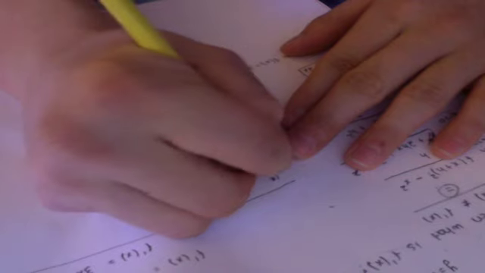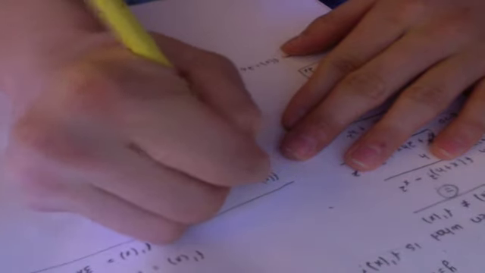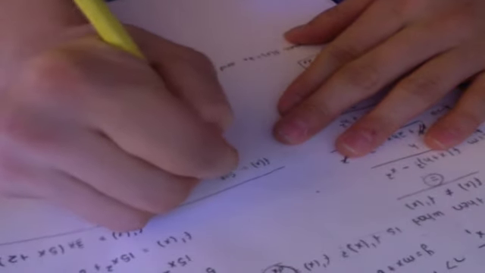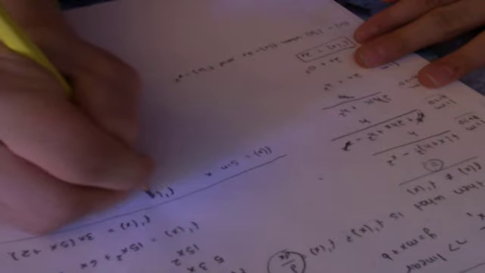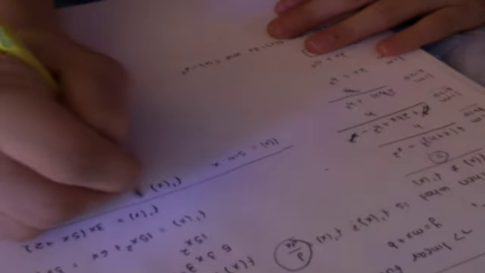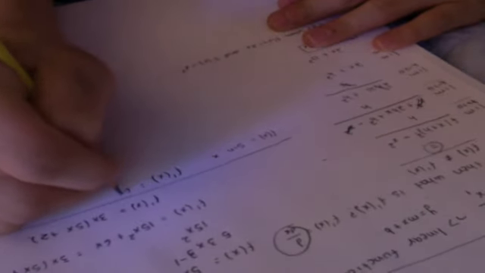So now, let's say our primary function f of x equals sine x. Then we find f prime of x, which will be cosine x.